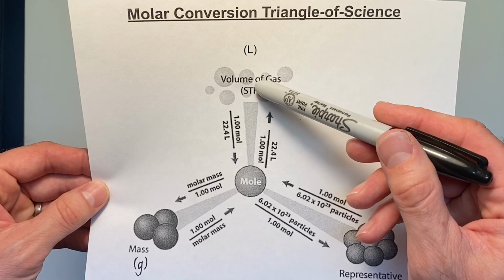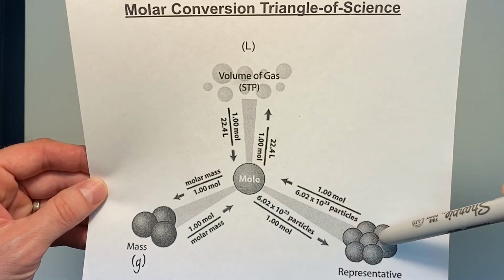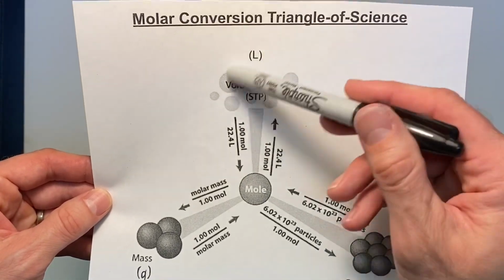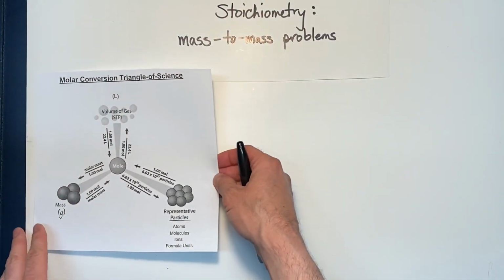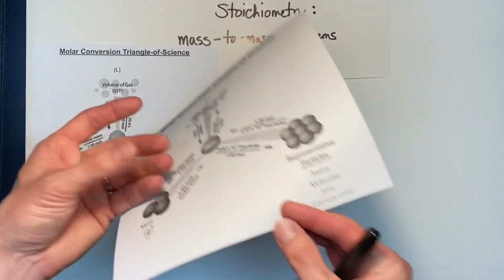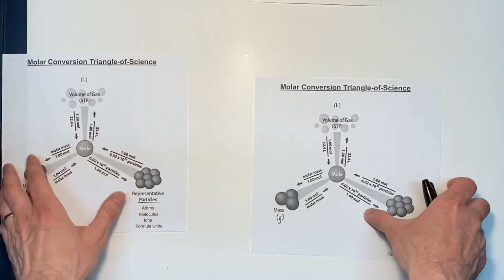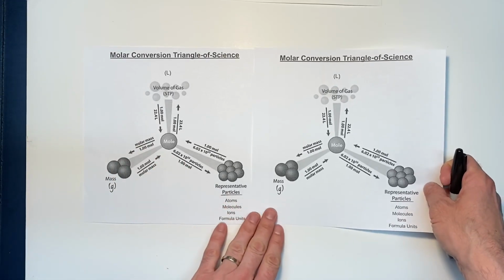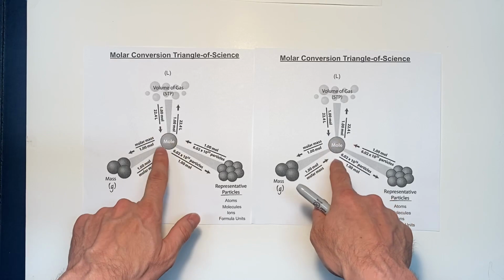We gave you liters and we asked you to solve for how many particles of a given chemical are in that amount of liters. So now in stoichiometry, we actually use two of these molar conversion triangles of science. We use two of these because in stoichiometry, we compare two different chemicals.